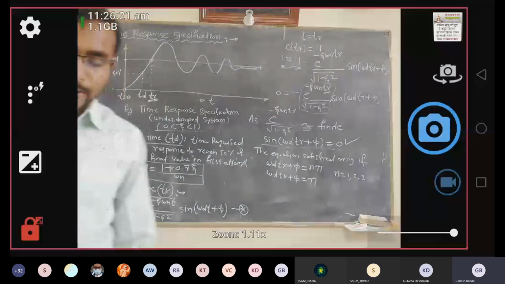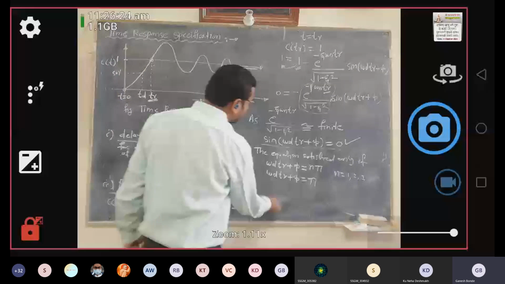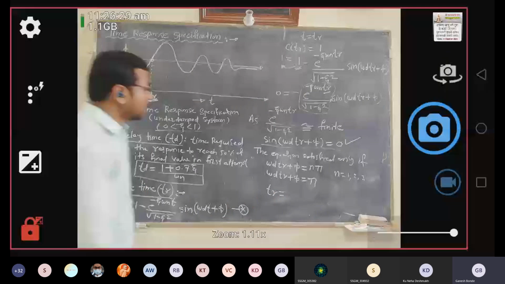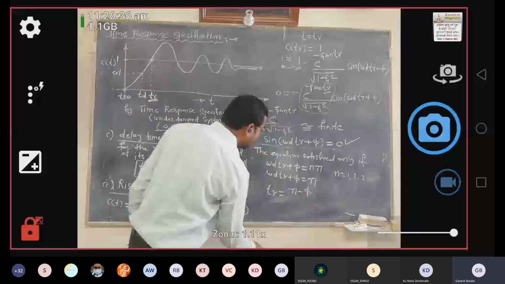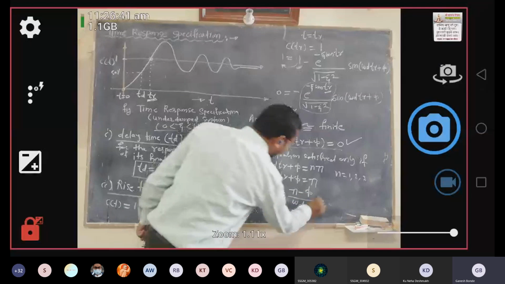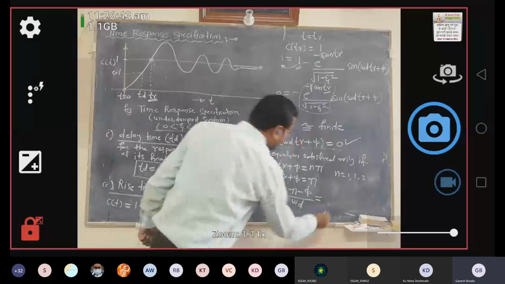Therefore, from this expression, we are going to determine the expression for TR. So TR is equal to what? Pi minus phi, you can transfer to that side, so pi minus phi upon omega d.